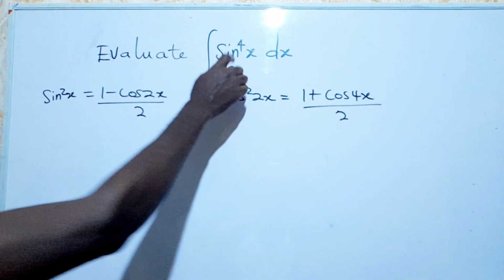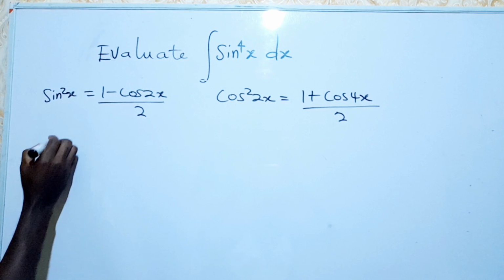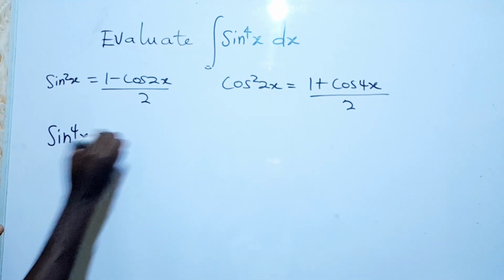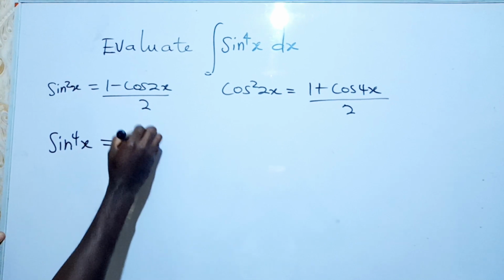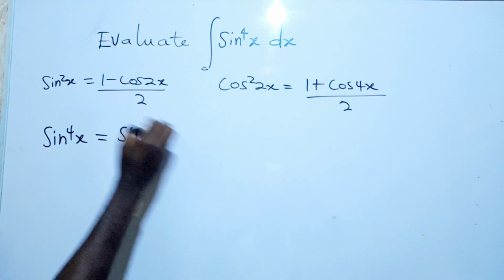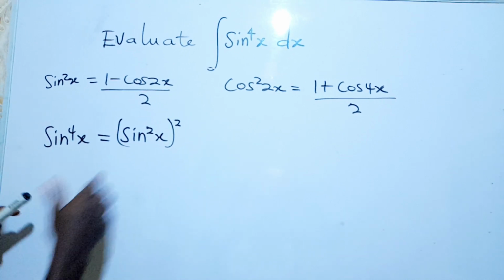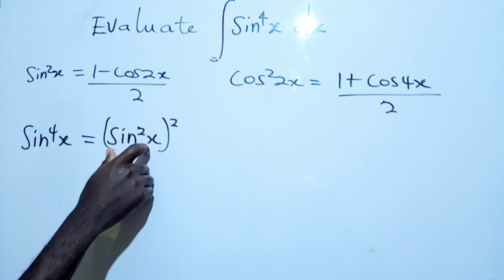So from our problem, the sine exponent 4x can be rewritten as sine square x all square. And what is our sine square x? Our sine square x is this.